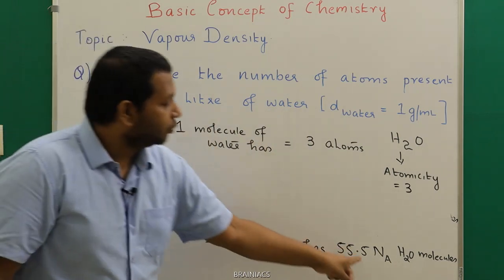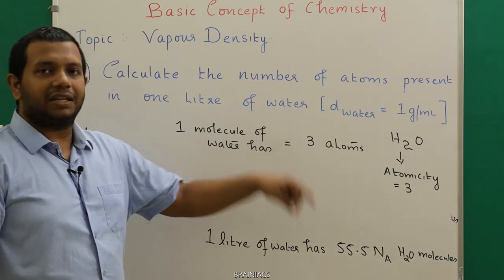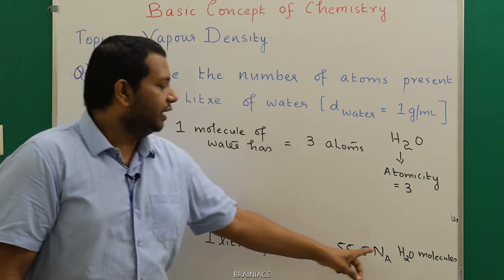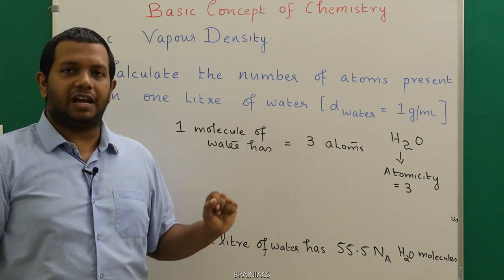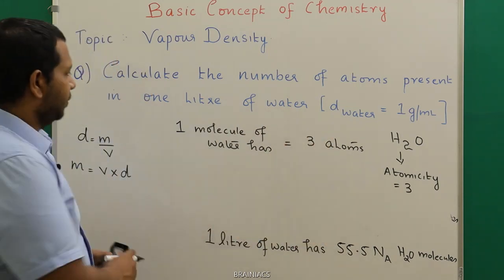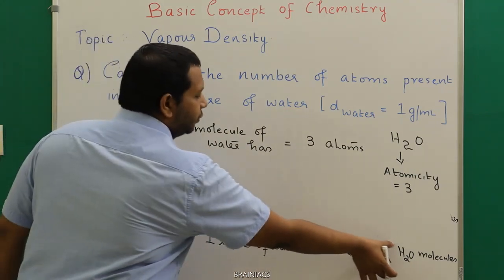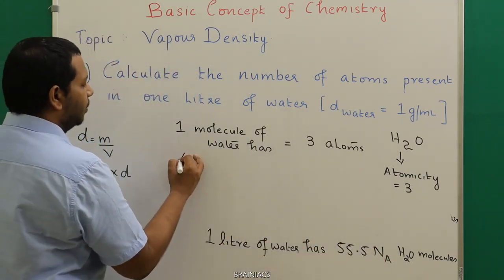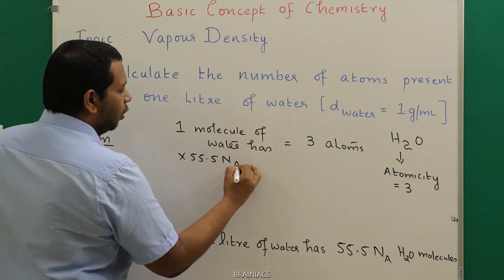Now how many molecules do you have? 55.5 Na molecules. So how many atoms will be there? 55.5 Na into 3. Correct. One molecule has 3 atoms, so I will multiply by 55.5 Na on both sides.